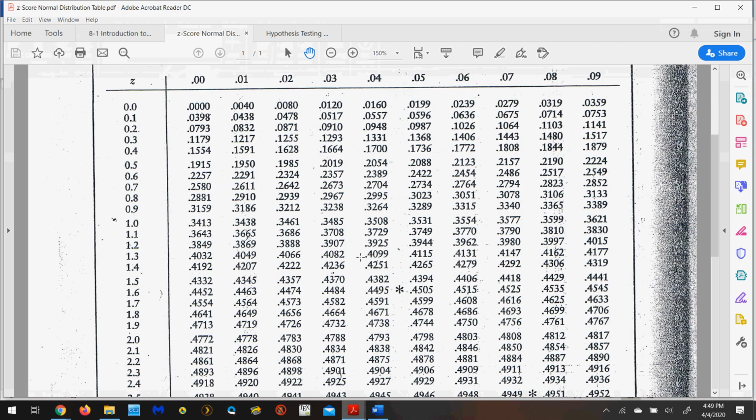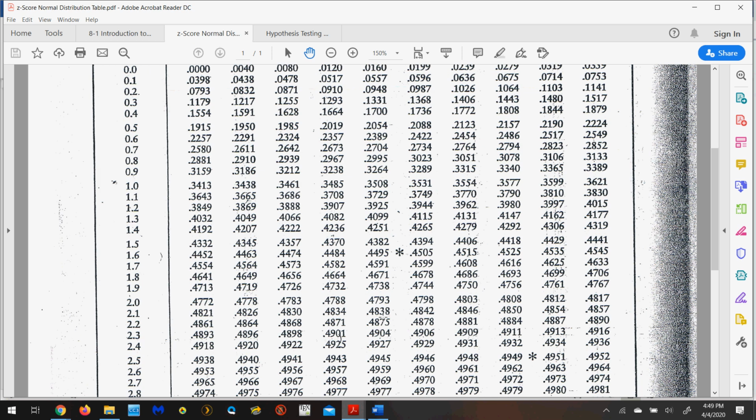So I need to find 0.495. So 0.495 is going to be right between these two, and it has an asterisk.